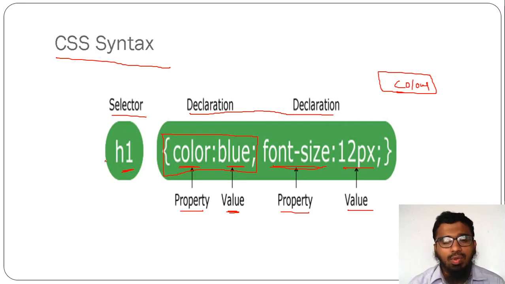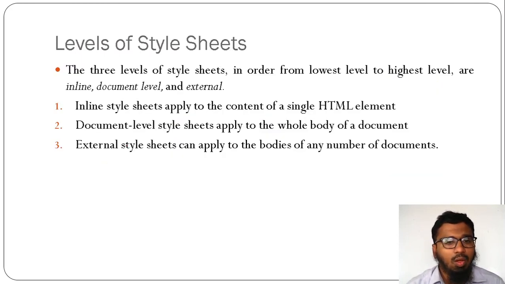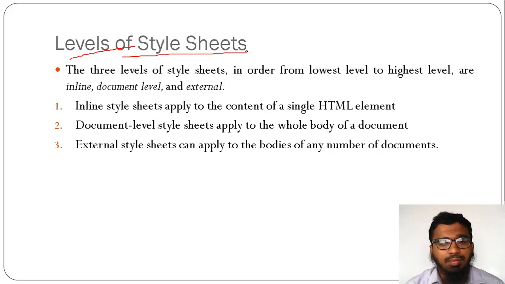Today we are going to cover just the theoretical part. In the next class we will see the practical. Levels of style sheet: the 3 levels of style sheet, from lower level to higher level, are inline, document level, and external.